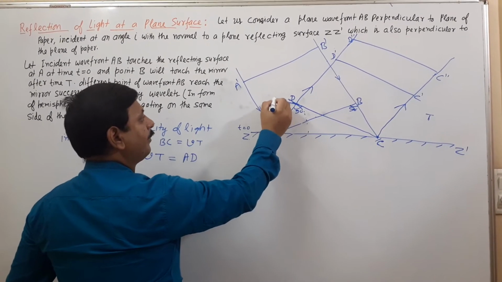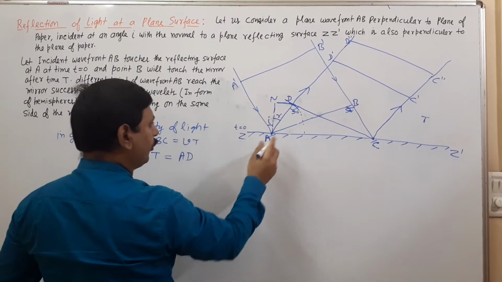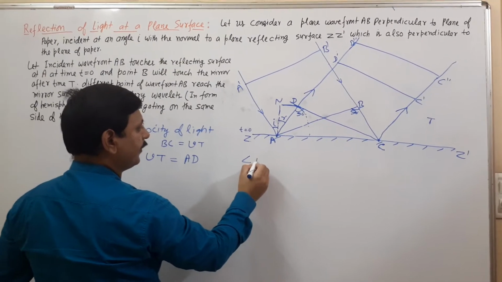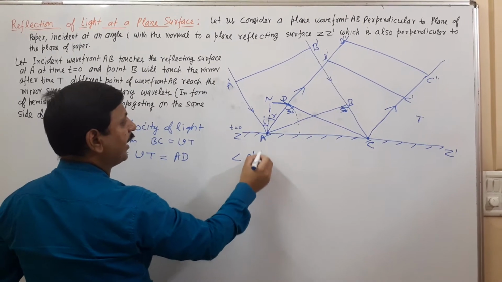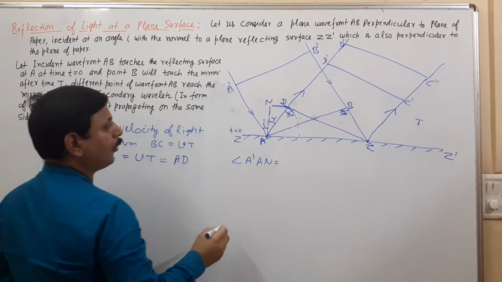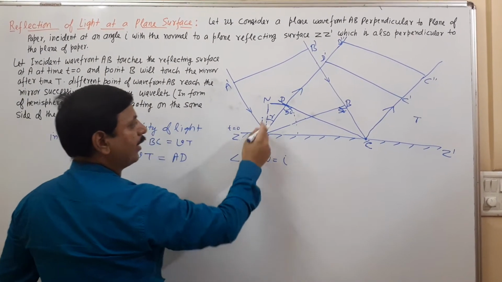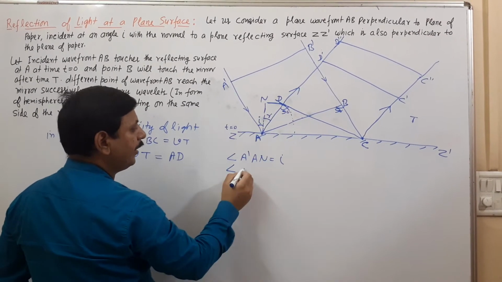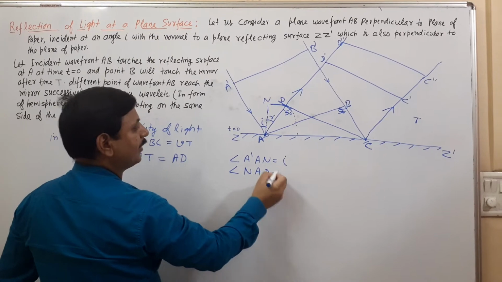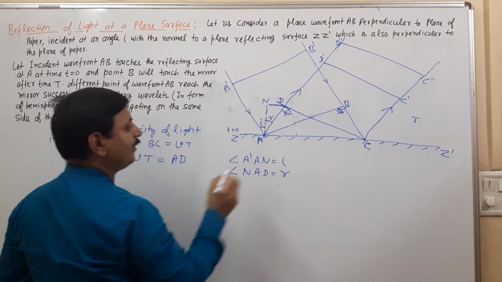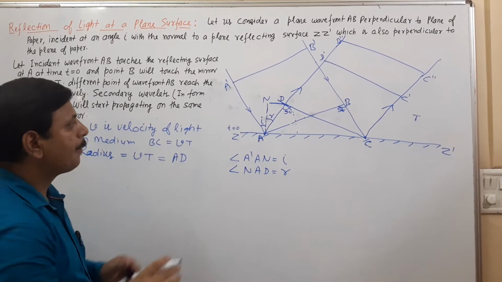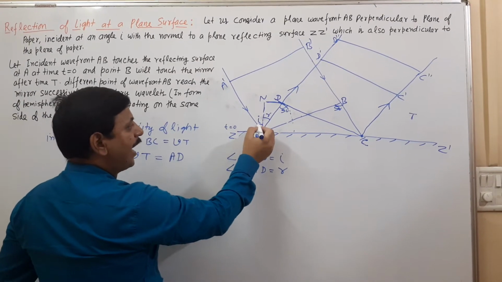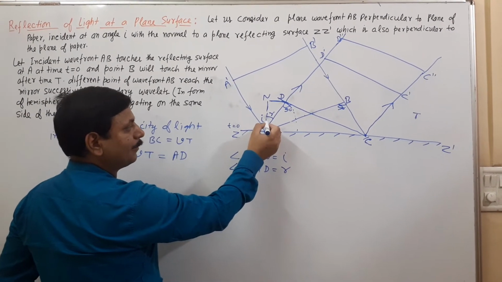Suppose I have taken N, so angle A dash AN is equal to how much? I, the angle of incidence. Angle NAD is the angle of reflection, this is R. See here, this is I. What will be this angle?